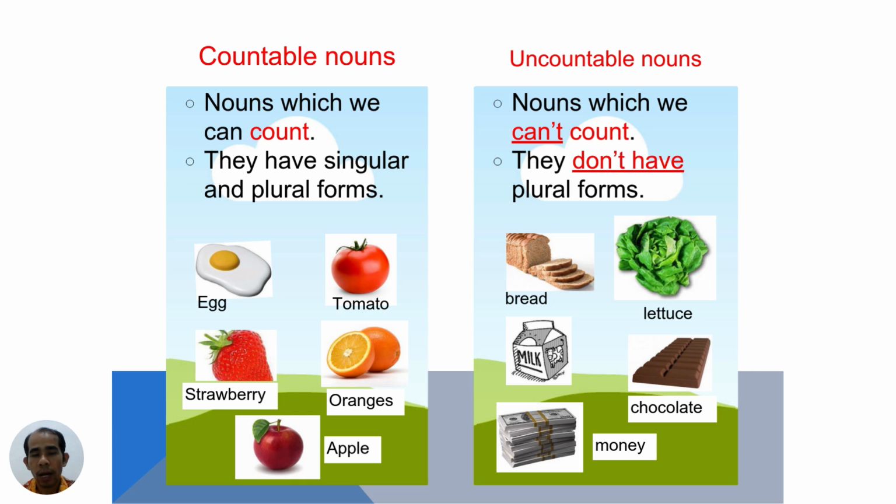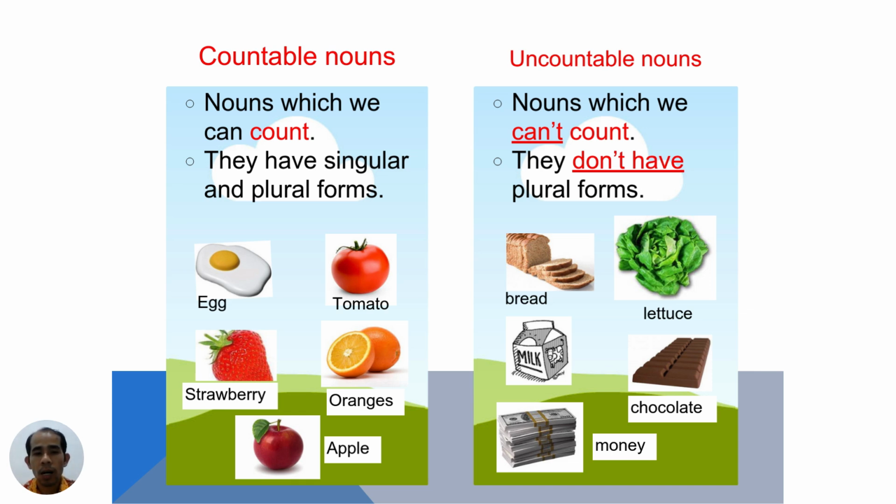countable nouns have singular and plural forms, while uncountable noun means a noun which we can't count. We can't count it with our hand or finger, but we can count it with a measurement, or alat ukur.